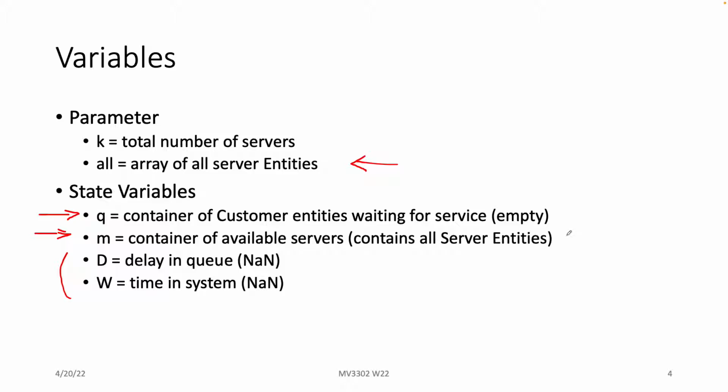This is why you may have been wondering why from the beginning we have been modeling the state variable as the number of available servers. If we are representing our servers explicitly as entities, then in the beginning we have a container that has all of them, and there are going to be K of those.